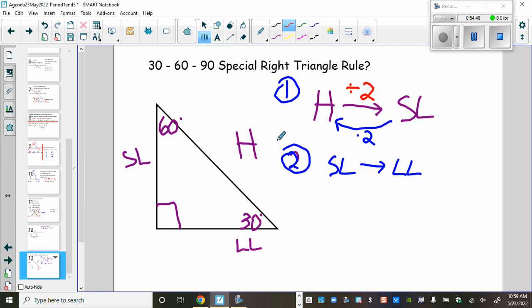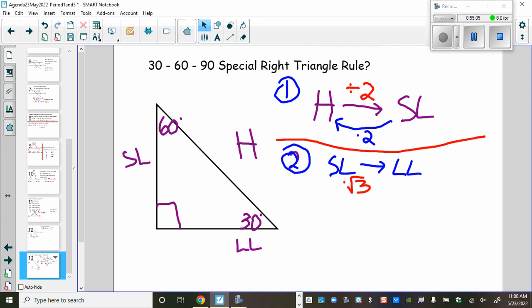Way to get that relationship, you're going to multiply whatever your short leg is by the square root of 3. So if you want to go from short leg to the long leg, you multiply by the square root of 3. That's how you do it. That's what you're going to do.